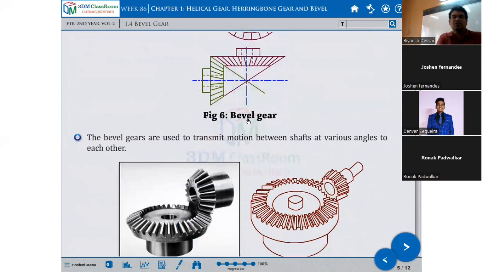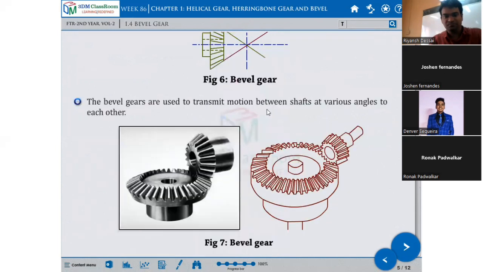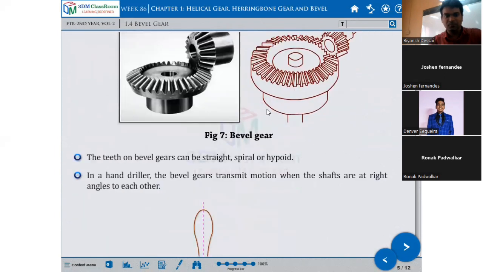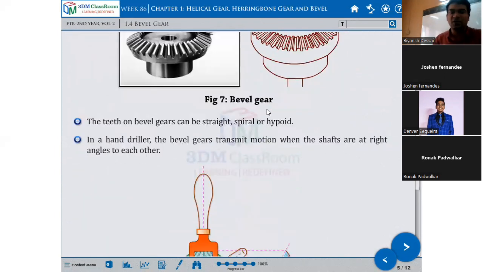Bevel gears are used to transmit motion between shafts at various angles to each other. They are mostly used to transmit torque at various angles. The teeth of bevel gears can be straight, spiral, or angled. In a hand drill, the bevel gears transmit motion where the shafts are at a right angle to each other.